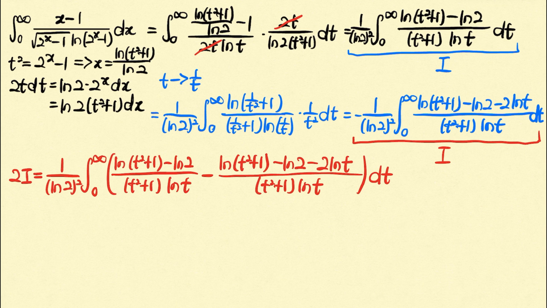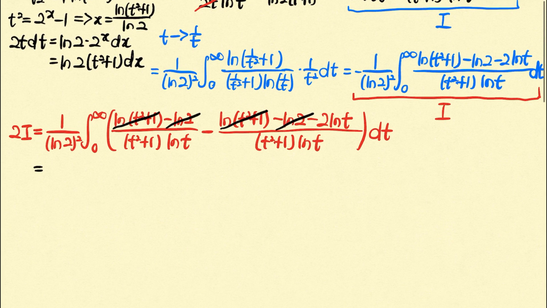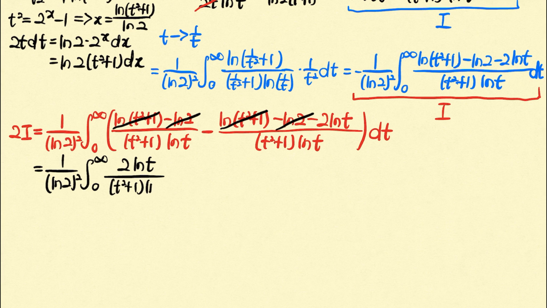Now we can see that this term will cancel out with this term, and this term also cancels with this term. If you combine this, what we end up with is just a simple integral: 1 over natural log of 2 squared, the integral from 0 to infinity of 2 natural log of t over (t squared plus 1) natural log of t, dt.